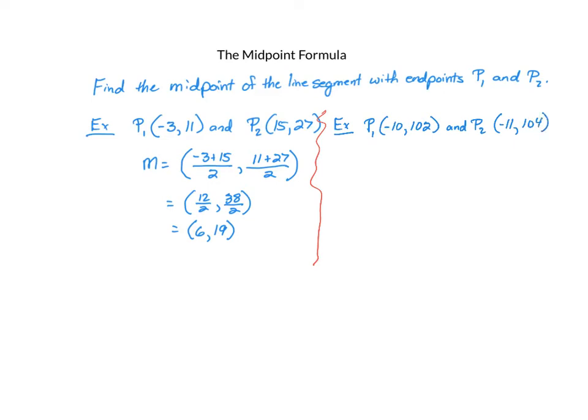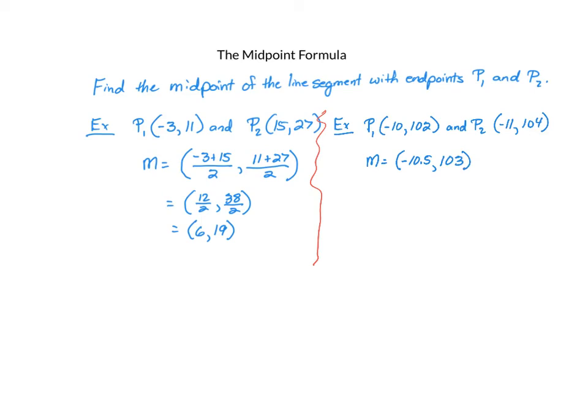Keeping in mind that the midpoint is the point that is halfway between those 2 points, let's look at our x-coordinates. We have a -10 and a -11, halfway between that you might recognize as negative 10.5. And we have those y-coordinates 102 and 104. We know that the number halfway between those two is 103. And that, in fact, is our midpoint.